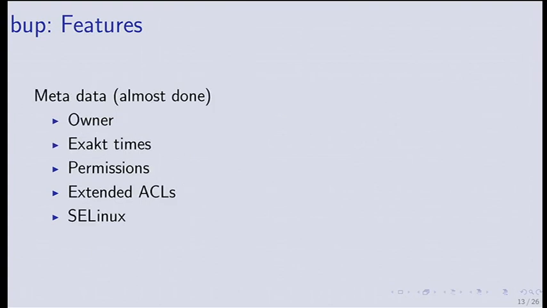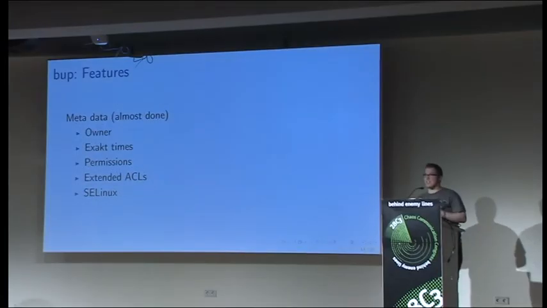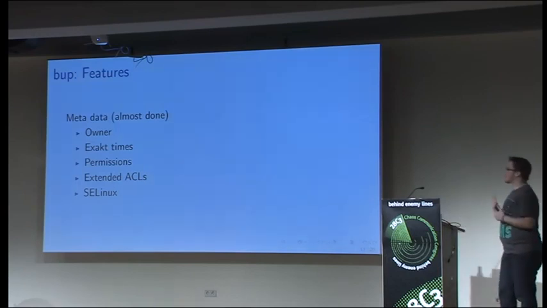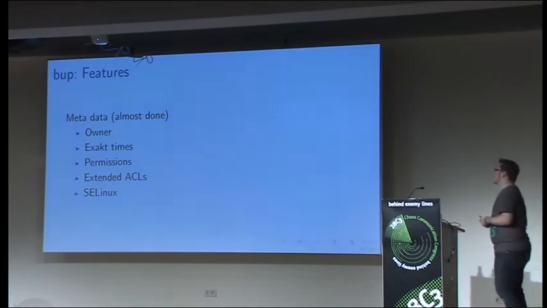We have metadata support, kinda almost done. In fact, we have a working patch set that has been just about to be merged into master for half a year, I think.